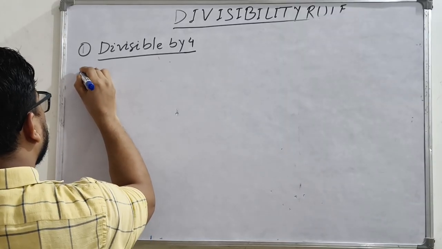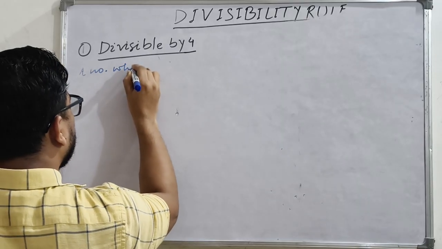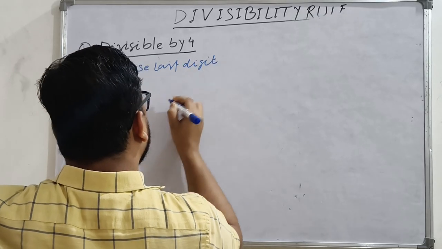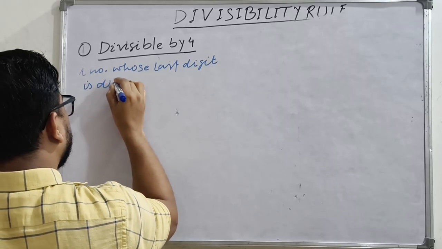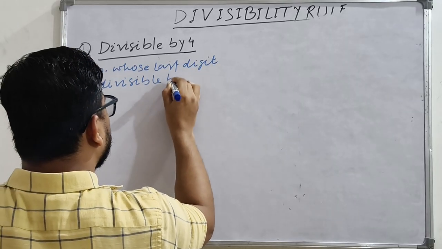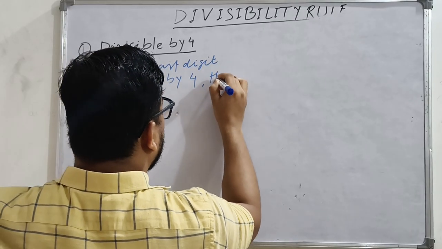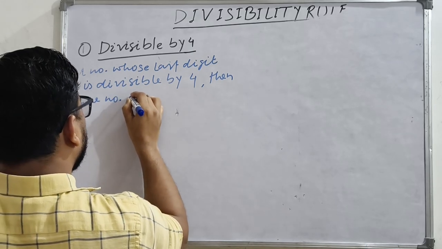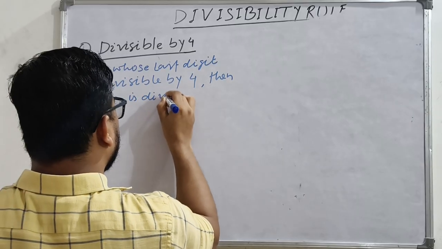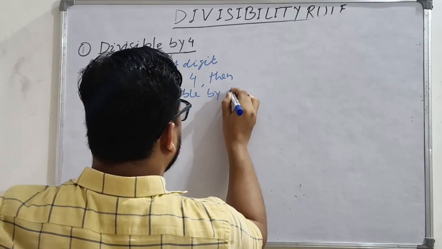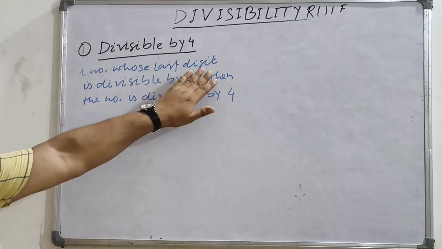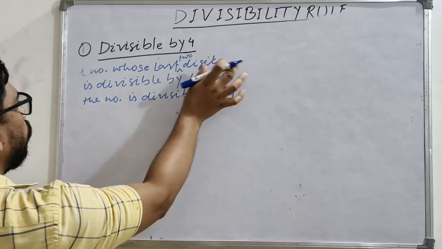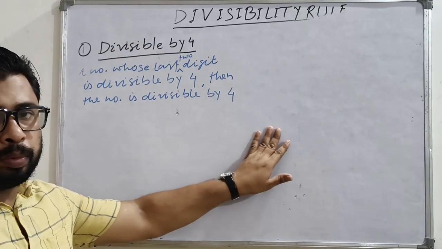A number whose last two digits are divisible by 4, then the number is divisible by 4.